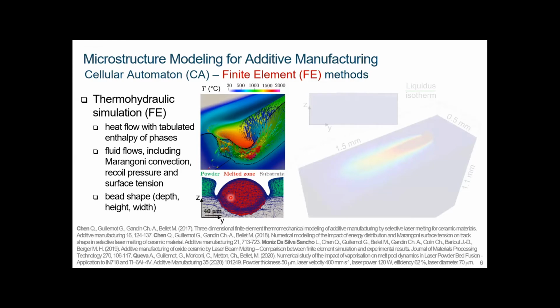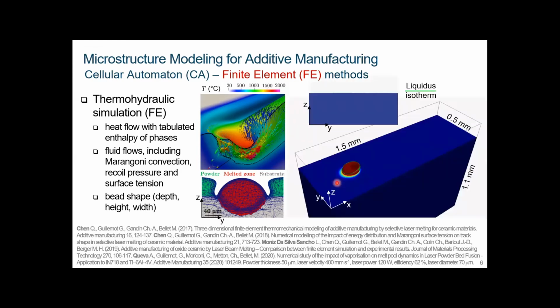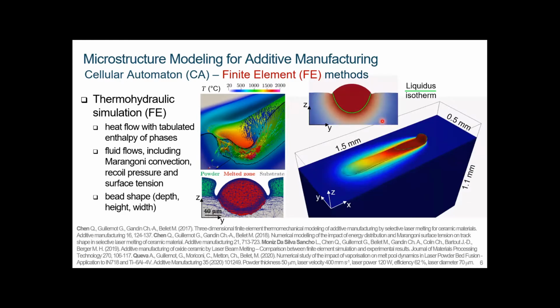This is an animation. We have removed the powder to better see the construction of the bead. Here this green line is the liquid isotherm. You see how, when the laser moves from left to right, the melt pool forms. Here is a cross section through this simulation domain, where you better see the remelted region in the transverse cross section.